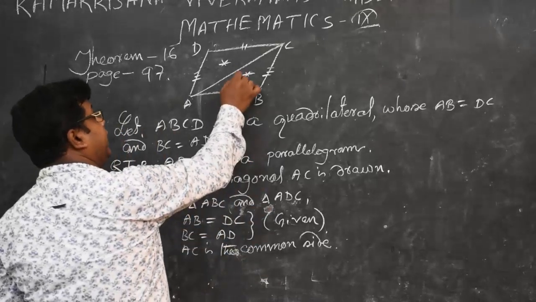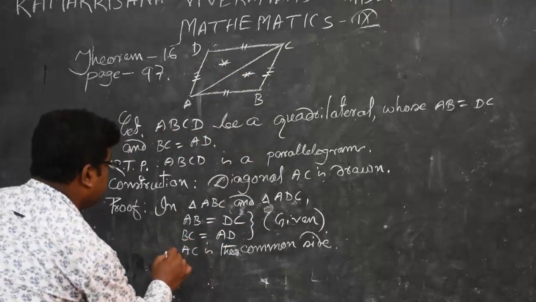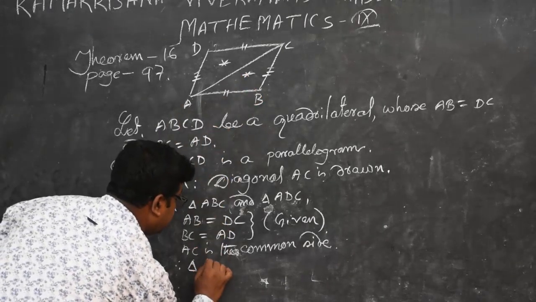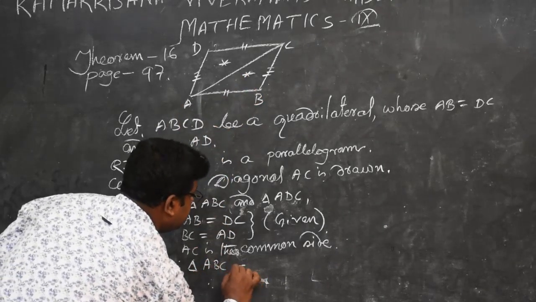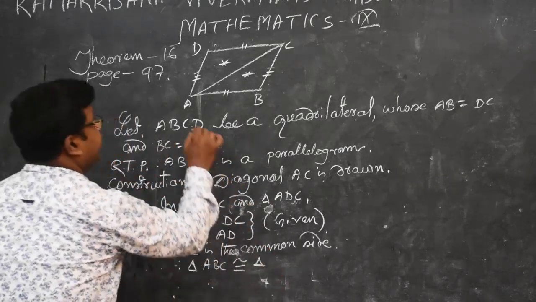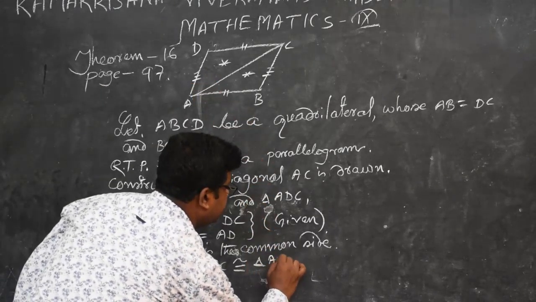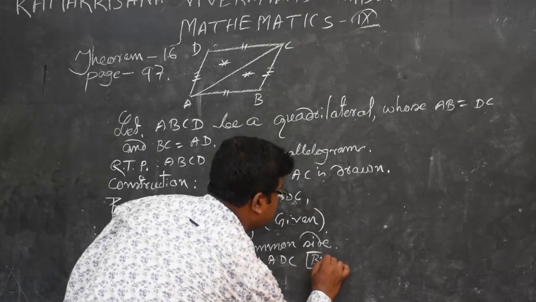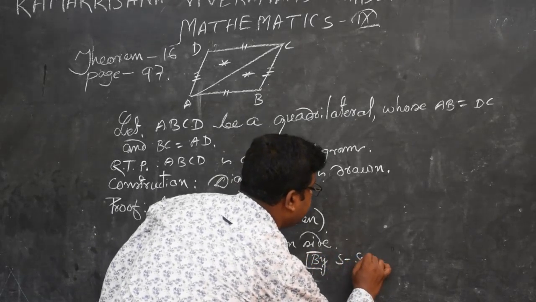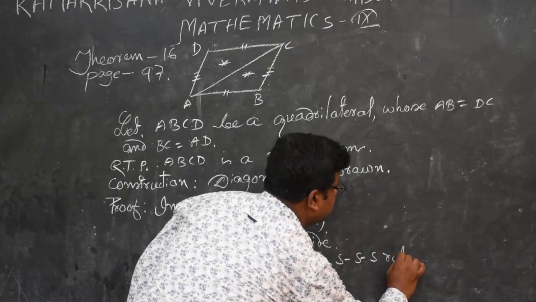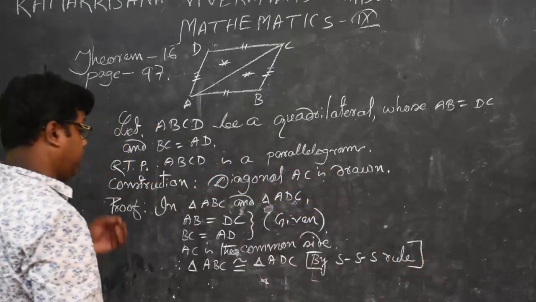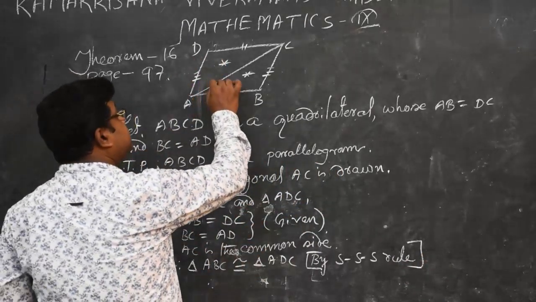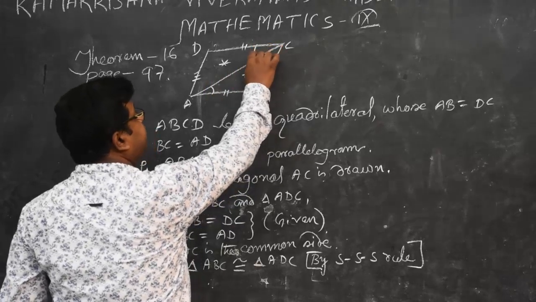So the triangles are congruent. By which rule? Therefore, triangle ABC is congruent to triangle ADC by SSS rule. Now see, when the triangles are congruent, this angle equals this angle. Why?